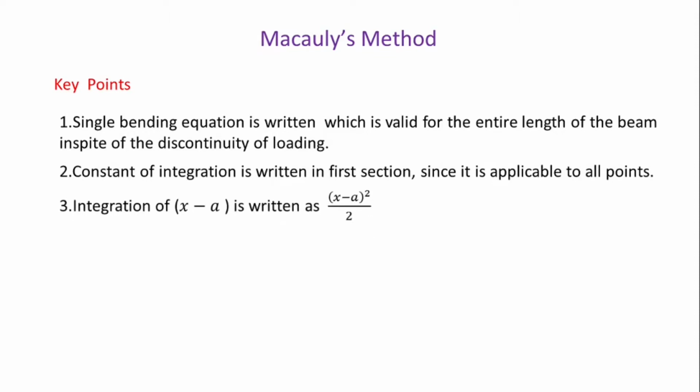Integration of the bracket x minus a is written as the bracket x minus a squared by 2, and the last one is that the bracket x minus a is equal to 0 if it is negative.